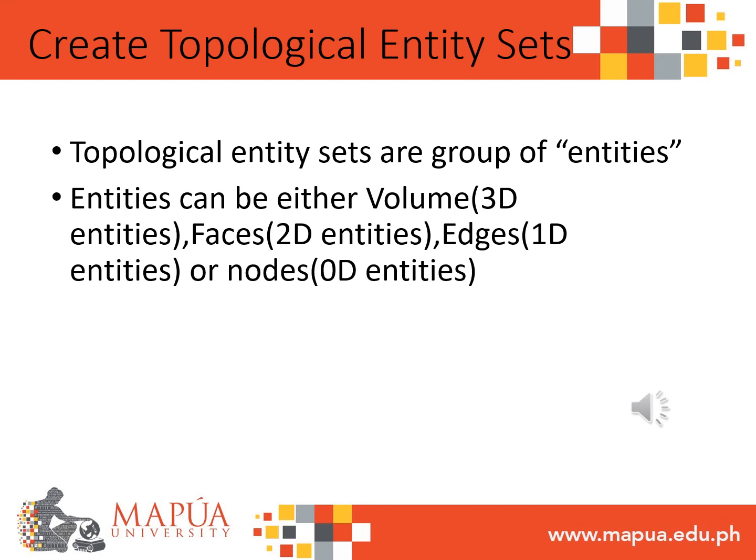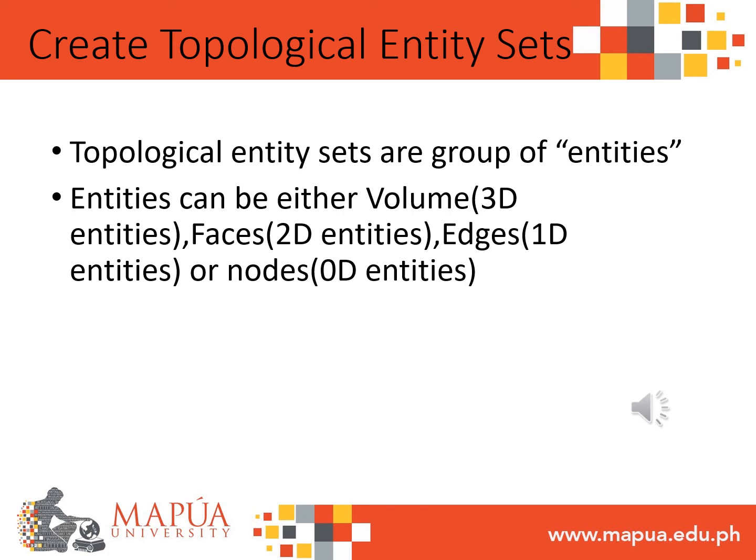Next, we have creating topological entity sets. Usually, after defining the enclosure and selecting the analysis type, we proceed to defining the materials and assigning boundary conditions. But we would still create topological entity sets even though it is not necessary because it is a good practice.